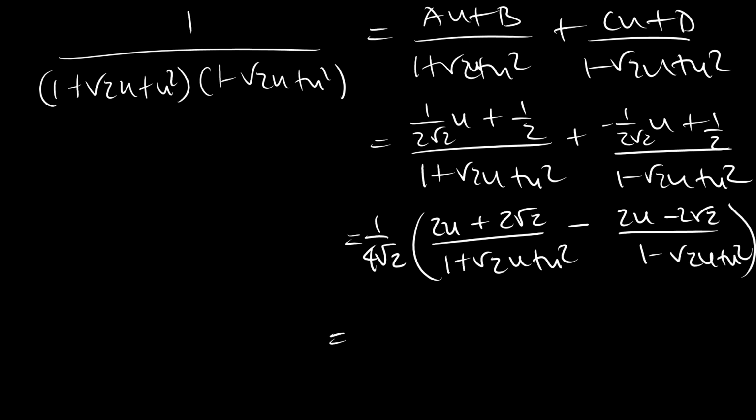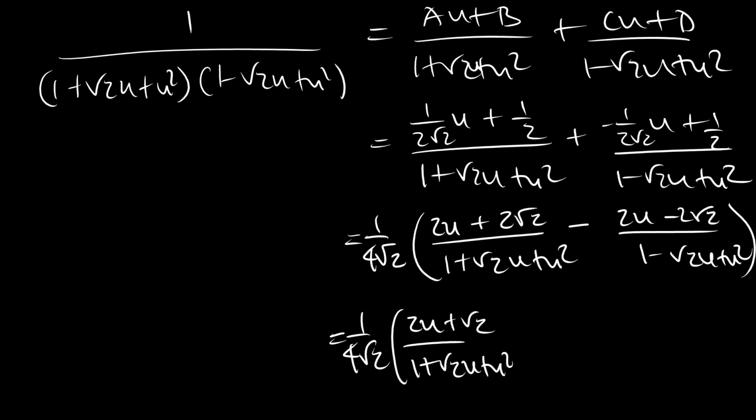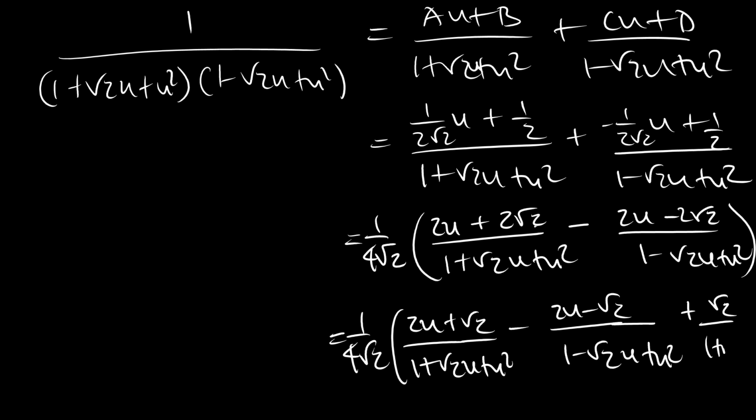And this becomes 1 over 4 root 2. We have 2u plus root 2 over 1 plus root 2u plus u squared minus 2u minus root 2 over 1 minus root 2u plus u squared plus, because there is an extra one here, root 2 over 1 plus root 2u plus u squared plus root 2 over 1 minus root 2u plus u squared.